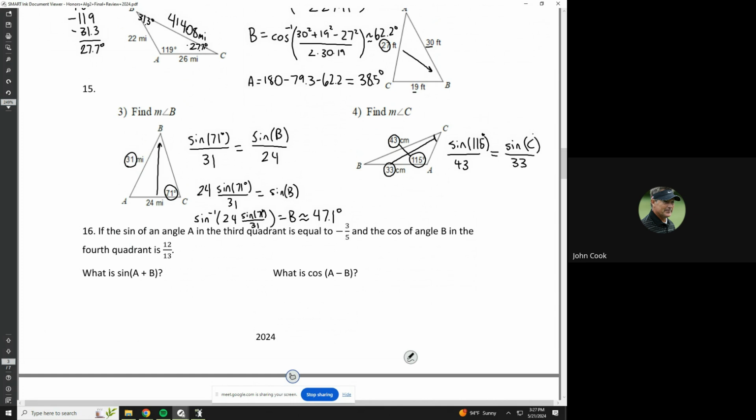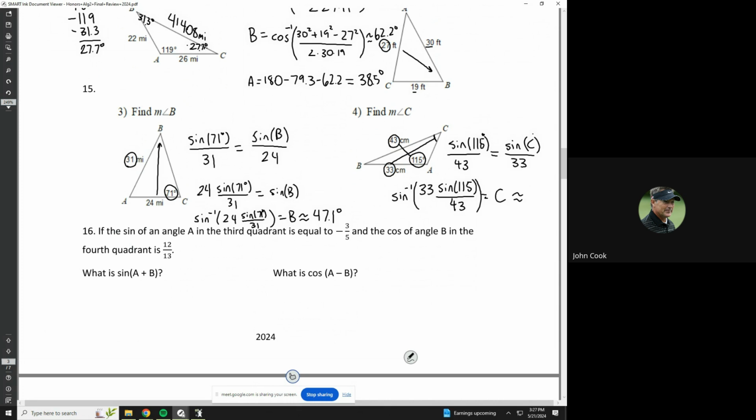So once again, I would just cross multiply. So I'd multiply the 33 over essentially. So that would give me 33 times the sine of 115 over 43. That's equal to the sine of C. And then to get C all by itself, I would take the sine inverse of both sides. So the sine inverse of this stuff. And then the sine inverse of the sine cancels out, giving me just C.